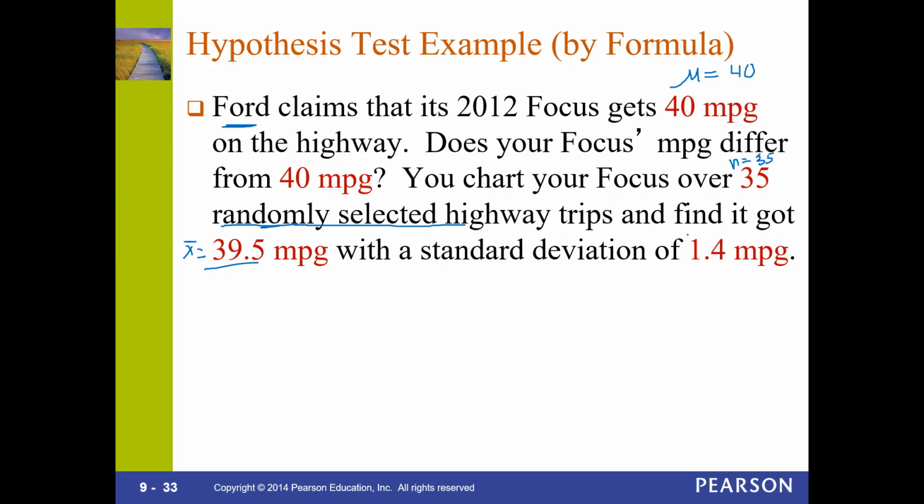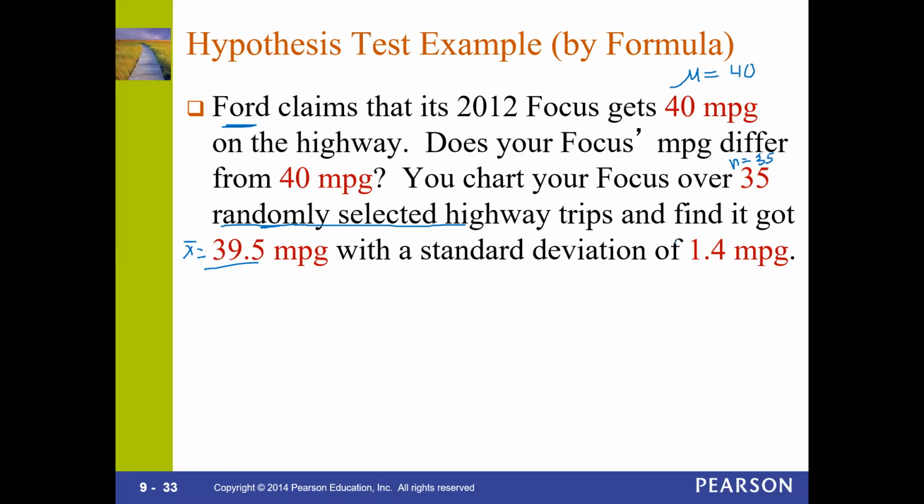I have a question for you. Is this the standard deviation of the population, or the standard deviation of the sample? The standard deviation of the 39.5, is this for the sample or for the population? Sample.